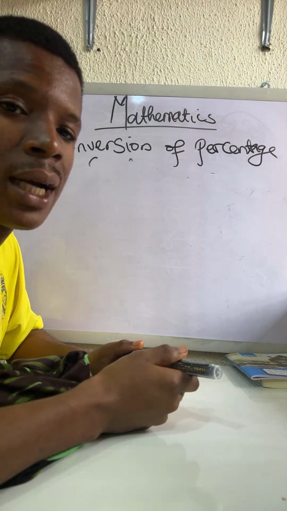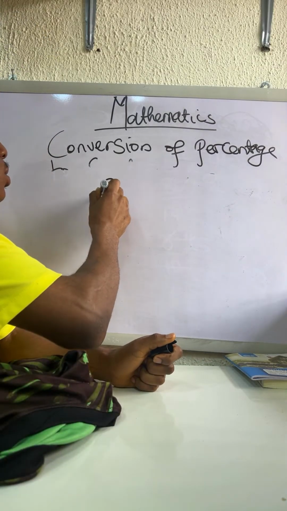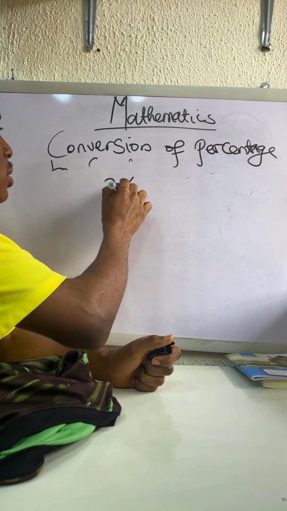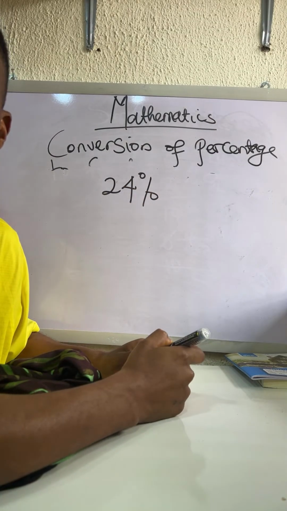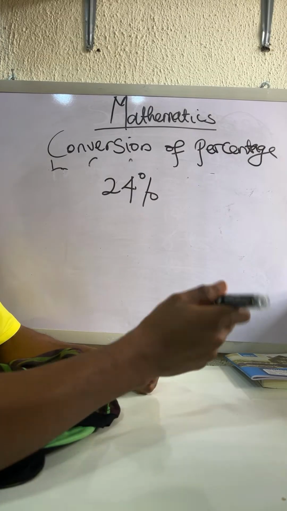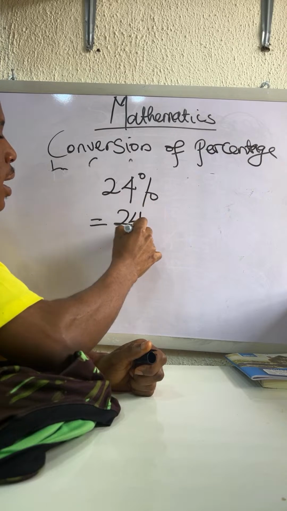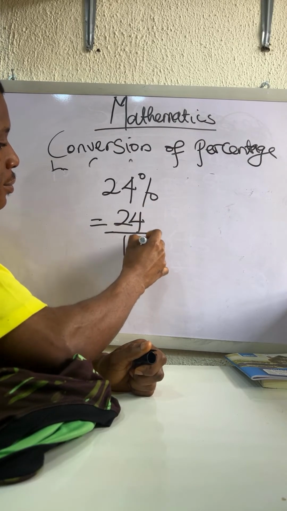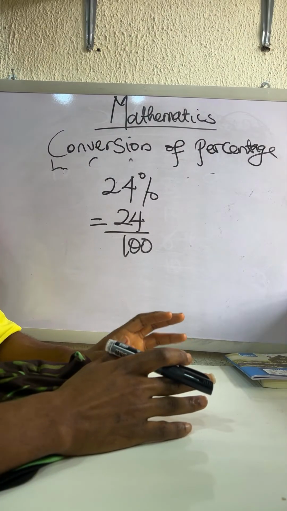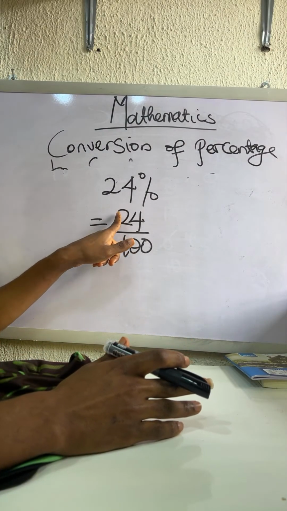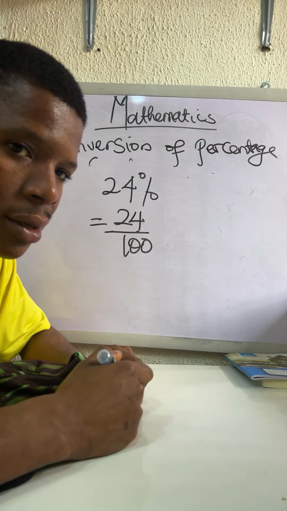Then we look at the next number. The next number we are going to look at is 24%. So if you have 24%, what do you observe? That 24% can be seen as 24 out of 100. So we need to find the number that can divide the top and bottom without any remainder.